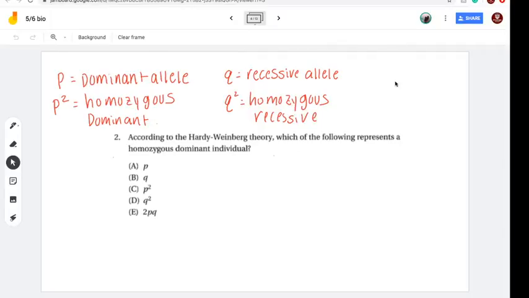And then 2PQ would have to be the hybrid individual. So therefore, if the question is asking for homozygous dominant, then the correct answer would be C, since a homozygous dominant individual is P squared.